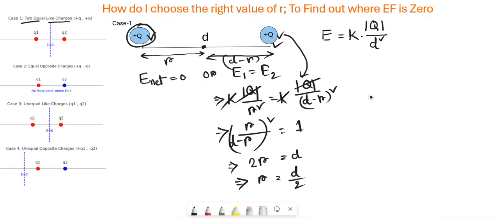It means this R is half of D, so this is the midpoint. So in the very first case, the electric field will be 0 at the midpoint of the distance.